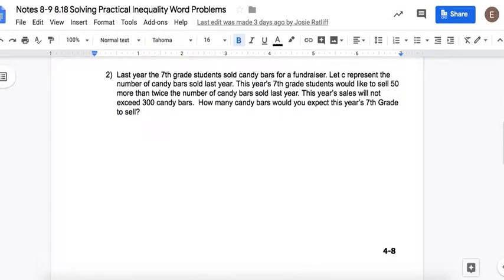Last year, 7th grade students sold candy bars for a fundraiser. Let C represent the number of candy bars sold last year. Okay, so it's telling us what letter to use, so I'm just going to write it now. C equals candy bars.